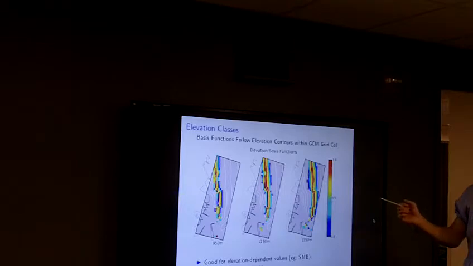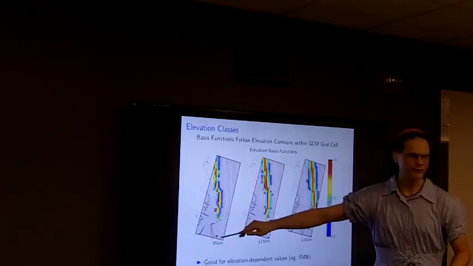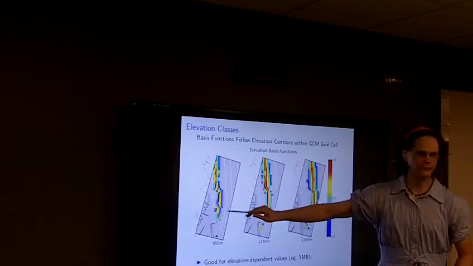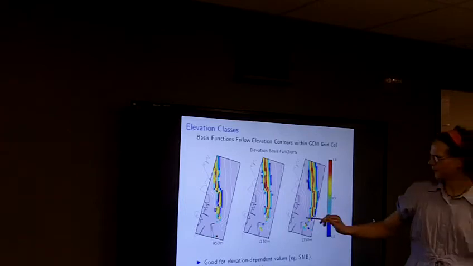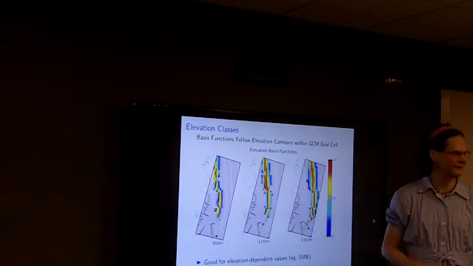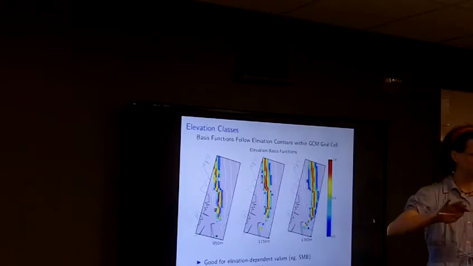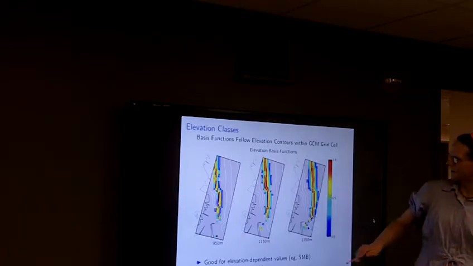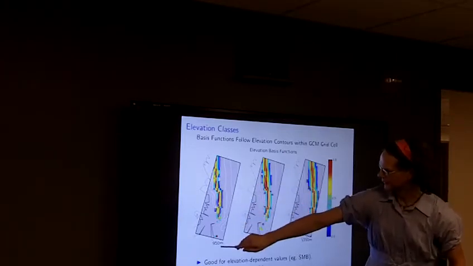But now, within this atmosphere grid cell, we're going to chop it up into basis functions based on elevation contours. And here are 3 of them, and they're overlapping. I designed them that way. They're overlapping, so they give nice smooth stuff in the vertical. And so here is a basis function that's centered along the 950 meter contour.